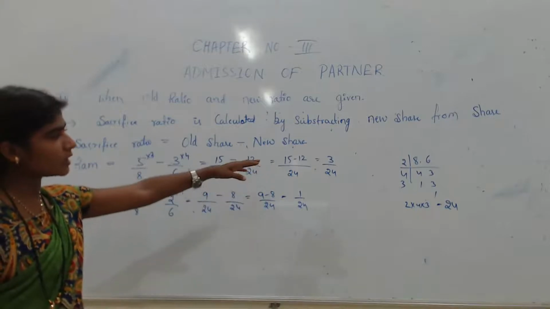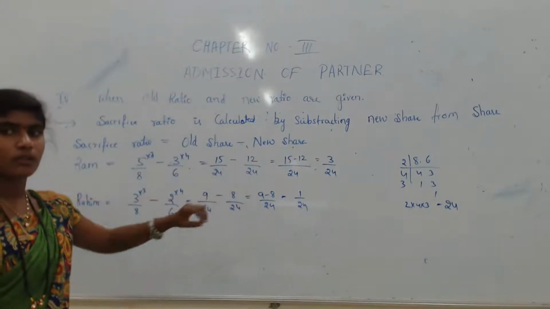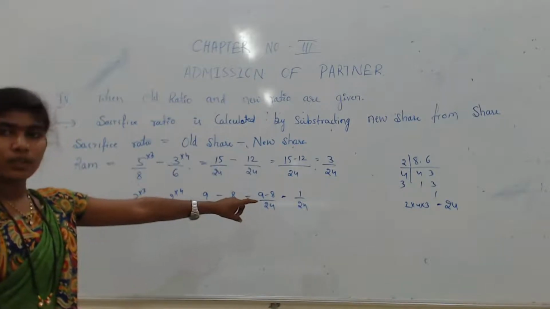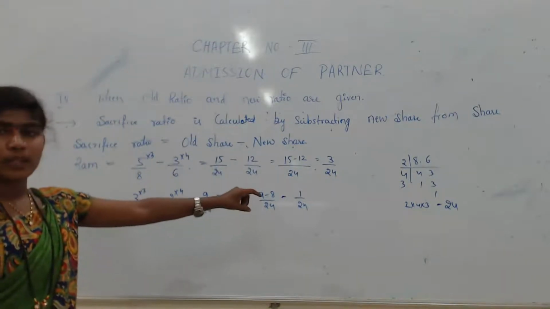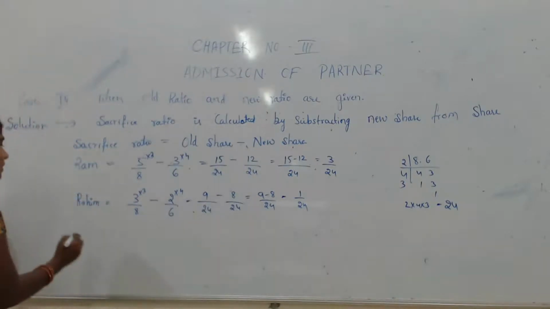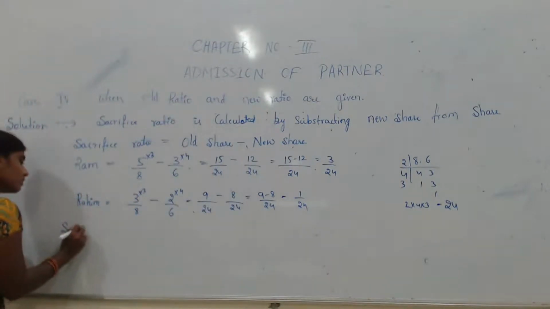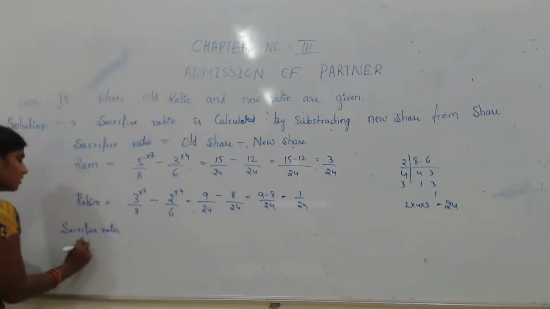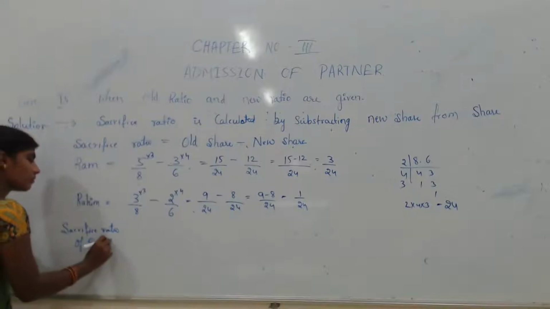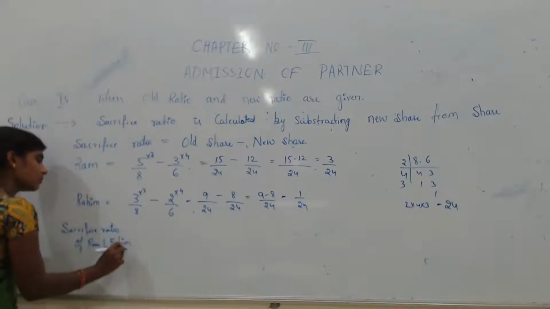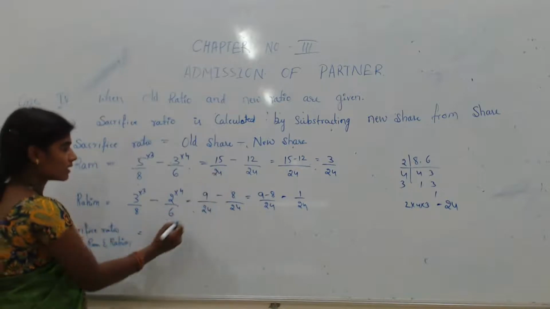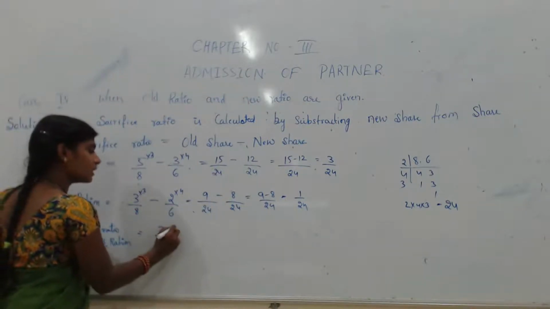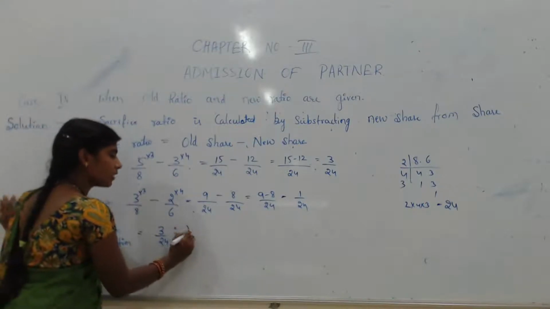Now we have just calculated the shares. Convert those shares into a ratio. So the sacrifice ratio of Ram and Rahim: Ram's share is 3 by 24 is to 1 by 24.